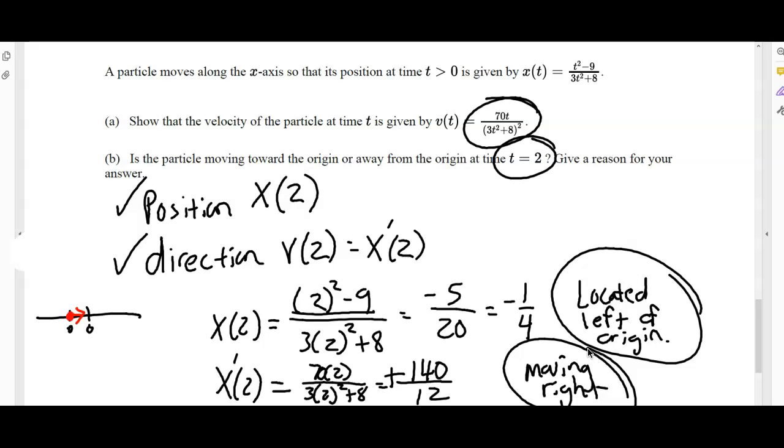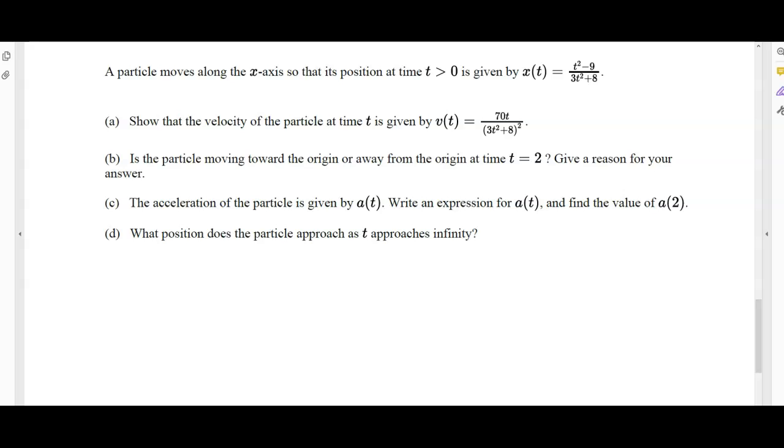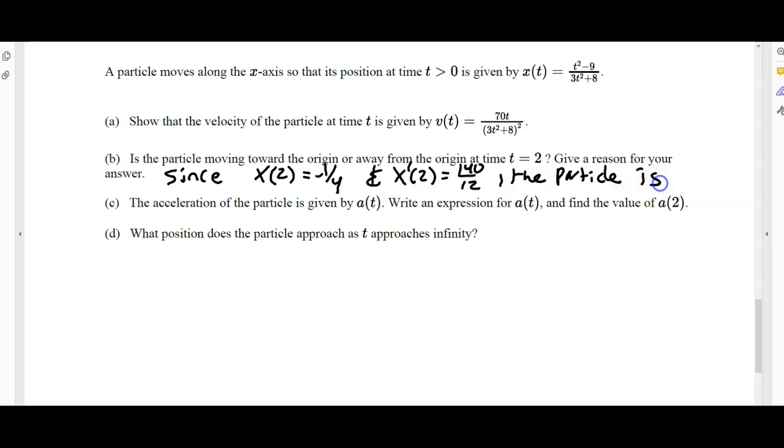But if you wanted to be a little bit more formal in how you write your answer, you could write it like this. Since x of 2 equals negative 1/4, and x prime of 2 is equal to 140 over 12, the particle is to the left of the origin and moving right.